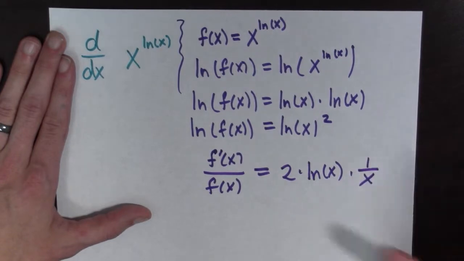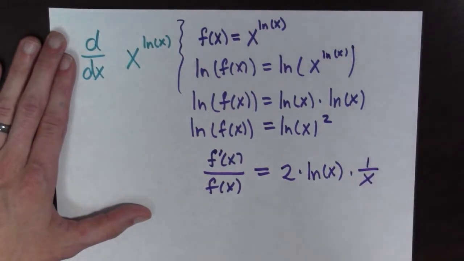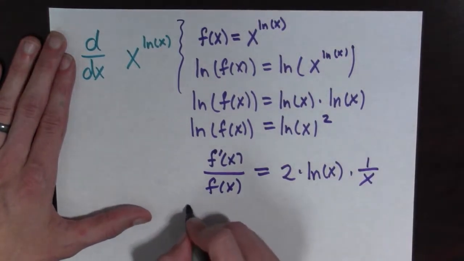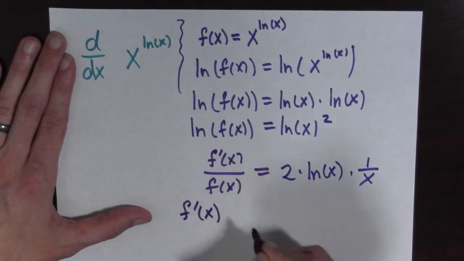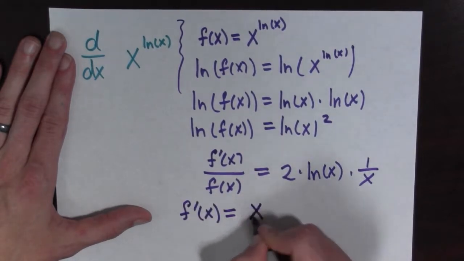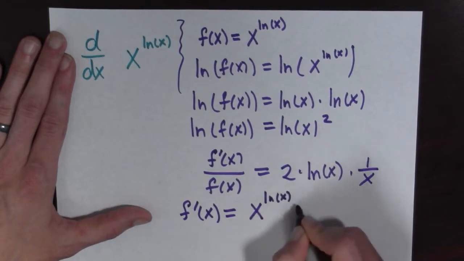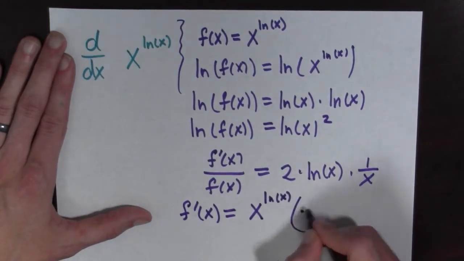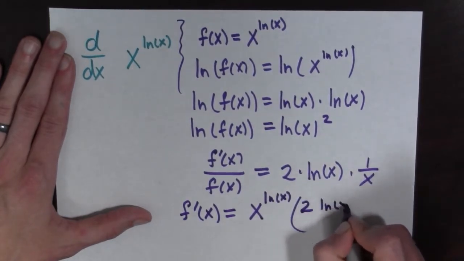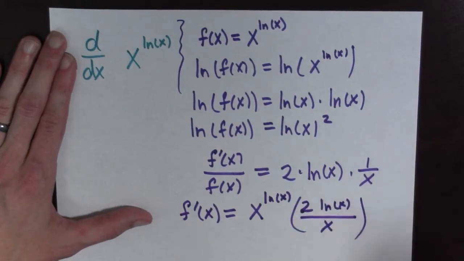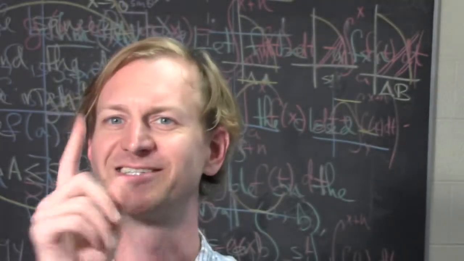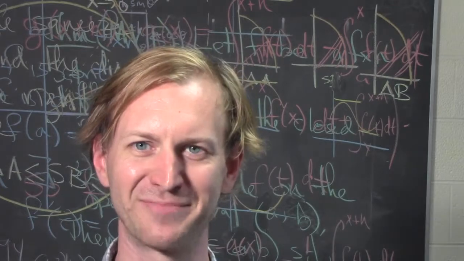It's 1 over x. That's using the chain rule. Aha! So this tells me that f prime of x is equal to x to the natural log of x all times 2 natural log of x all over x. Third example, done.